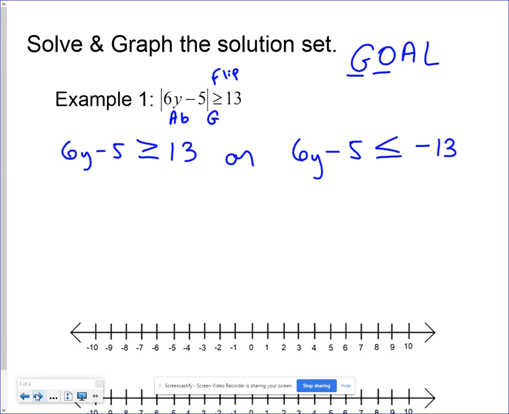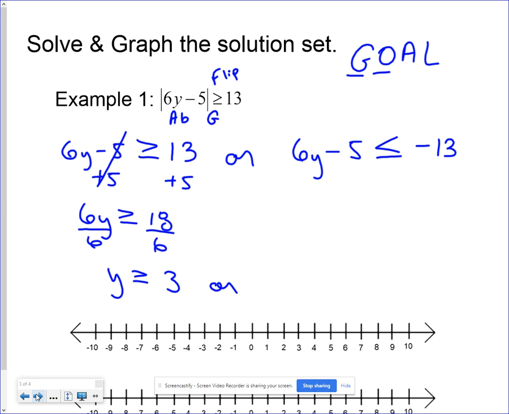So what you want to do is just solve each of these. So let's add 5 to both sides. We get 6y is greater than or equal to 18. Divide by 6. Y is greater than or equal to 3.